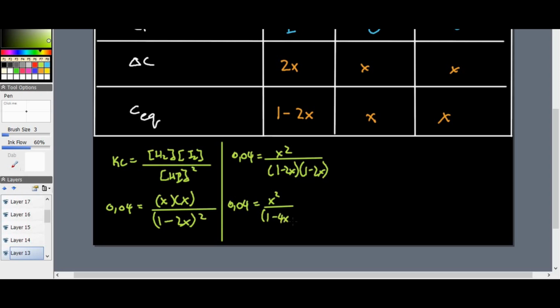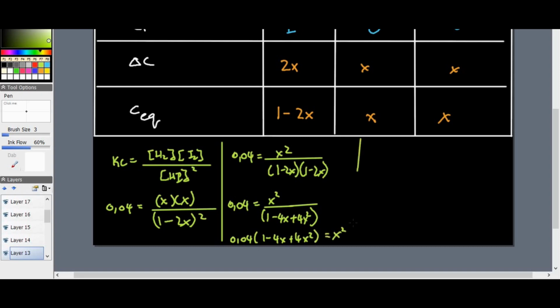And then plus 4x squared. Okay, that's what's going to be there. So what we can do is take that all over to have 0,04 multiplied by 1 minus 4x plus 4x all squared is equal to x squared.